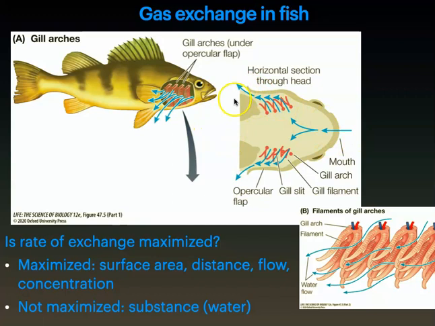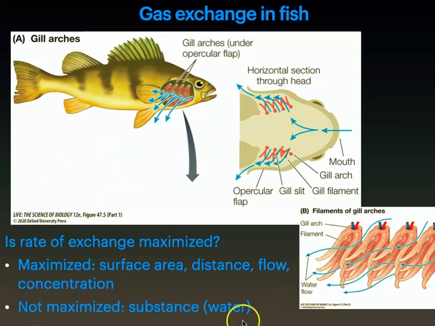It could force the water through. The concentration gradient is also maximized because there are blood vessels all throughout these structures, which can take the oxygen from this area and then move it away. And we will talk about countercurrent exchange in a moment.